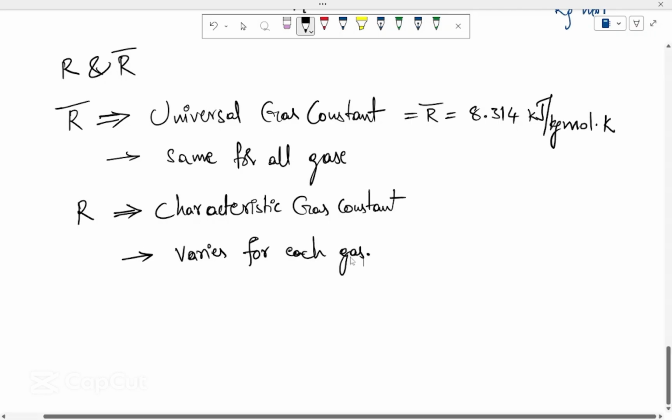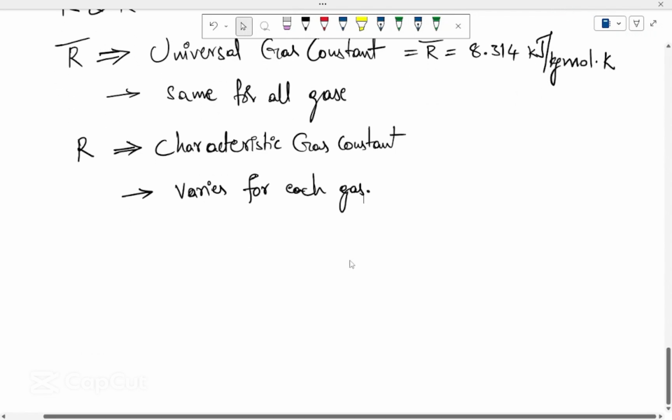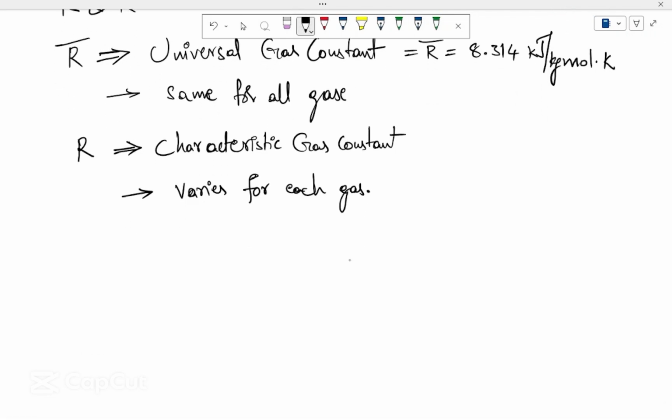How will it vary? Let us see an example with air as the gas.